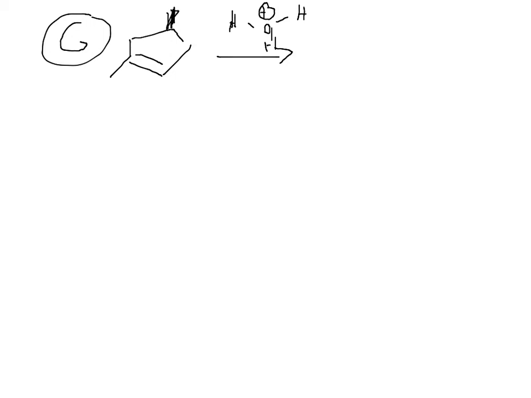We have a strong acid, the pi bond is the nucleophile, attacks the H plus. We number our carbons 1 and 2. We form the carbocation on carbon 1 because it's the most substituted, so it can stabilize the charge the best, because of hyperconjugation.